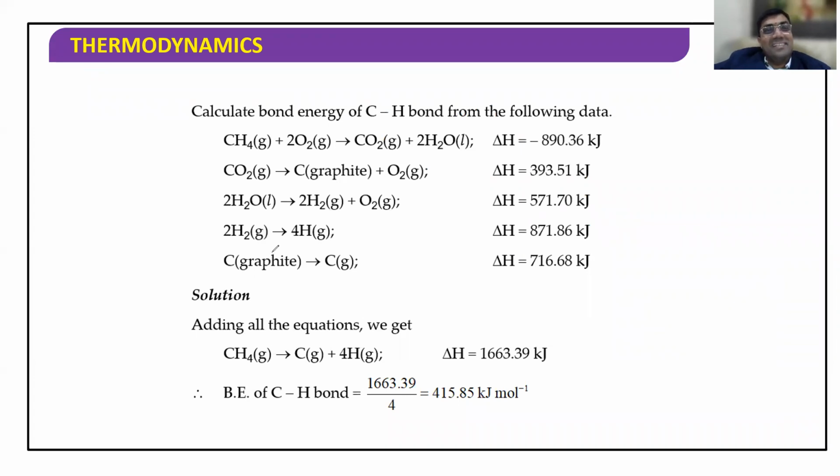If you add, this gets cancelled, CO2 also cancelled, and O2 also cancelled. So ultimately you get this. Are you clear or not? That is the manipulation you have to do.